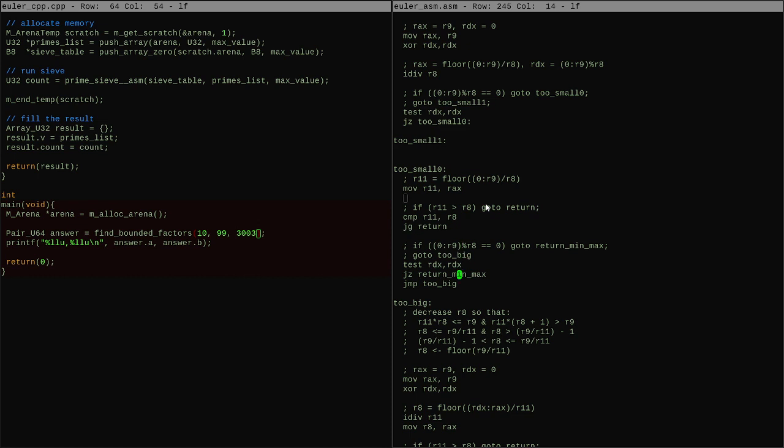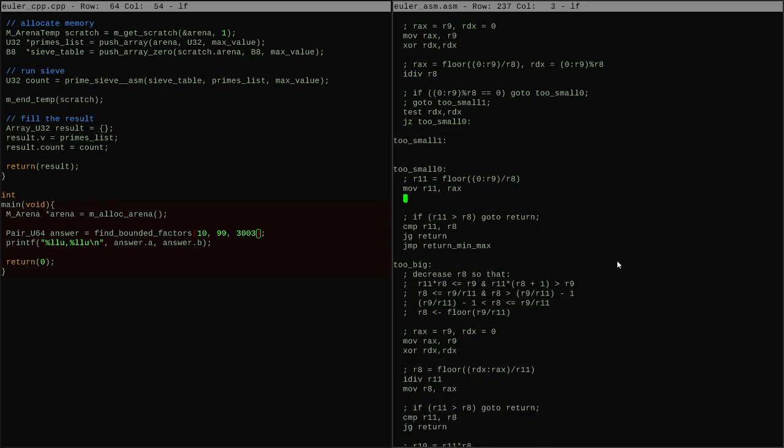And then finally, we jump straight to return min-max, because we already know that it's going to be the right fit. That's the theory. And then otherwise, R11 has the divide, but we need to inc R11 by 1 because there's a remainder. Whoops.